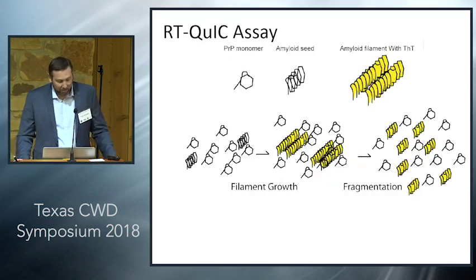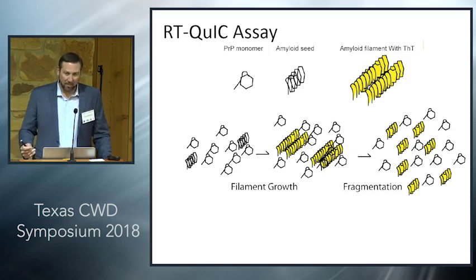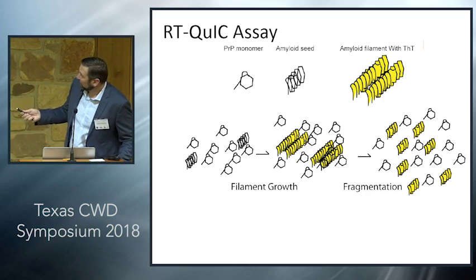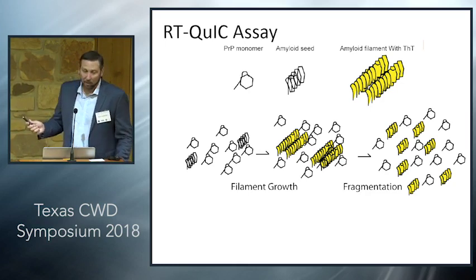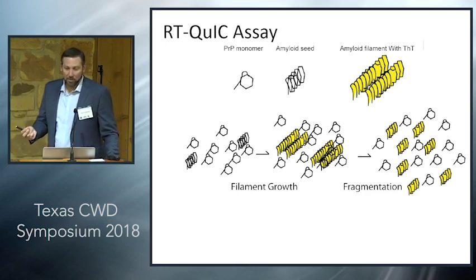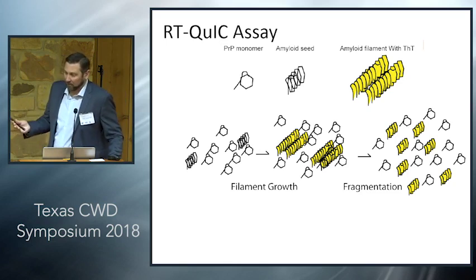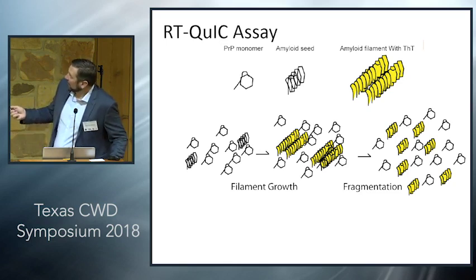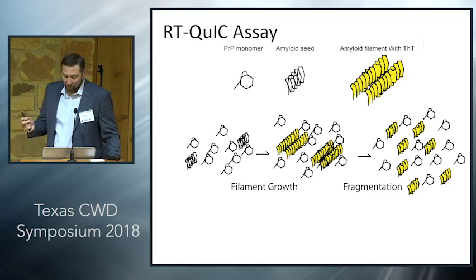So the other technique that I've personally used is RT-QuIC, and it is analogous to PMCA in that it replicates the aggregated form of PrPSc, except that it uses as a substrate bacterially produced recombinant protein, which can be produced at high levels. And the test happens in a little bit different manner.